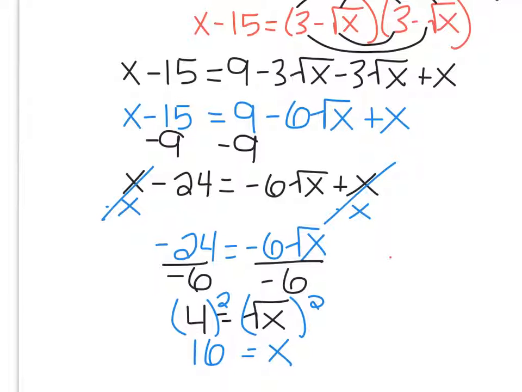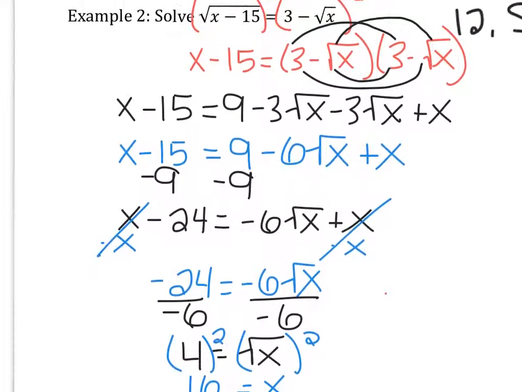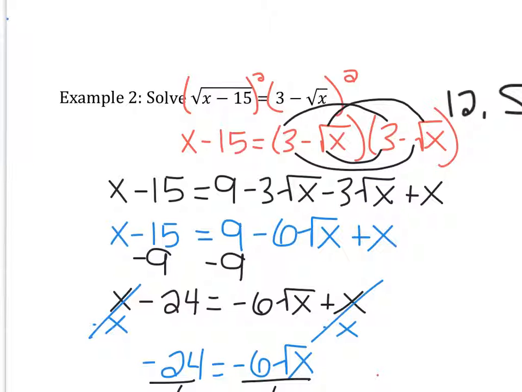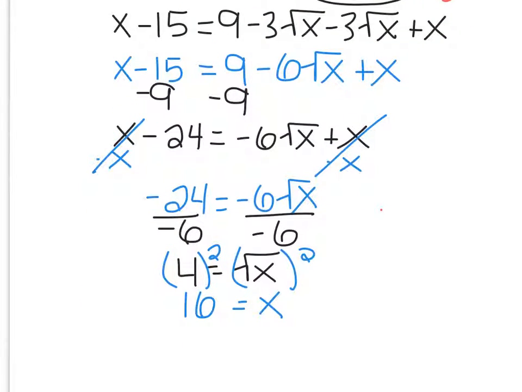Now make sure you plug that answer back in. So go back up to the top. If we plug in 16 here, 16 minus 15 is positive 1. That's okay. Plug 16 in here, it's just 16, so we don't get a negative. So 16 is our answer.